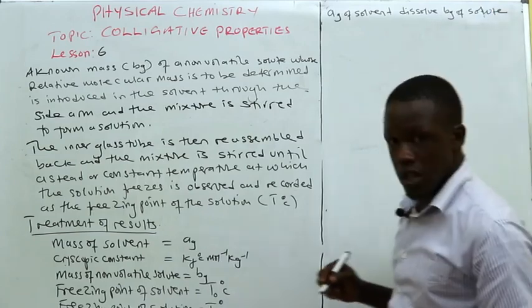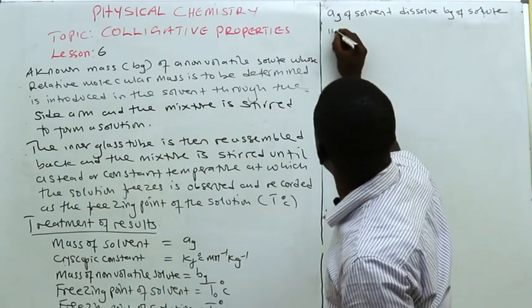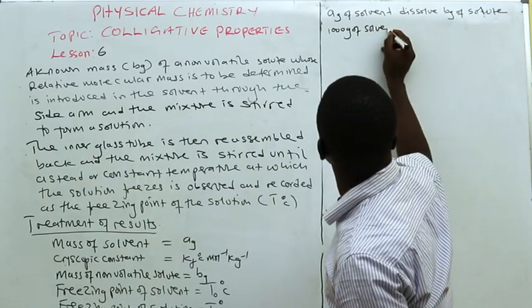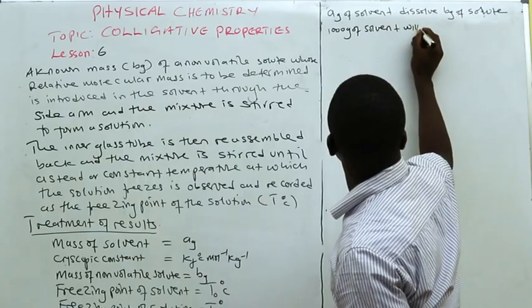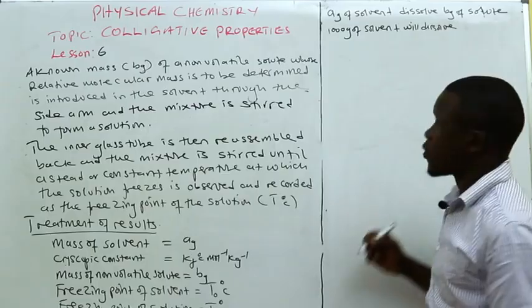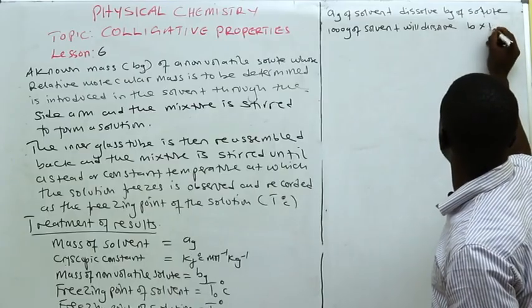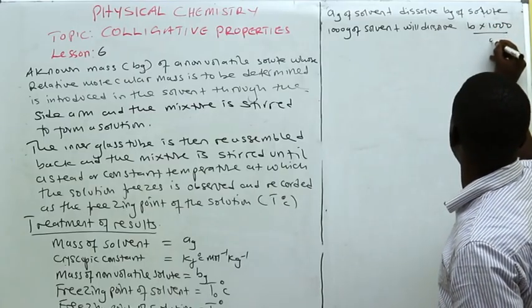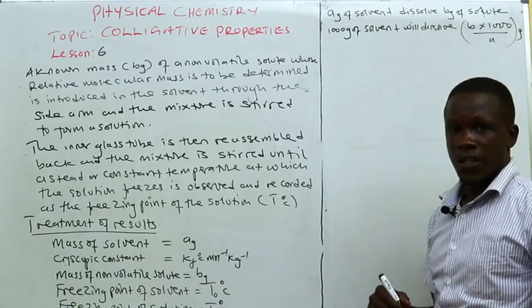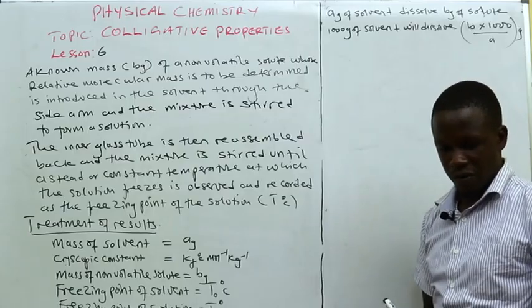So the question is, what about 1,000 grams of the solvent? Will dissolve how much? We shall have B times 1,000 grams over A.